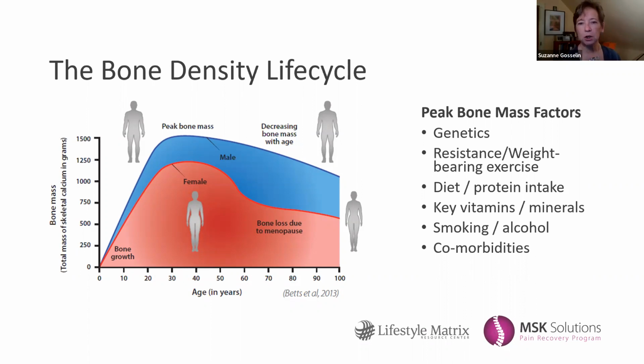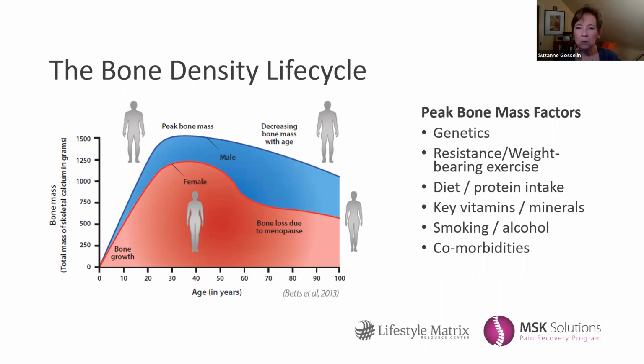There is certainly a genetic component to that, but also the research shows us that young adults in their teens through their 20s and into their 30s, if they're doing some regular resistance or weight-bearing exercises and having adequate calcium and protein, that's what contributes to your peak bone mass.